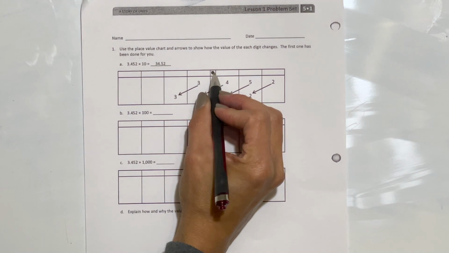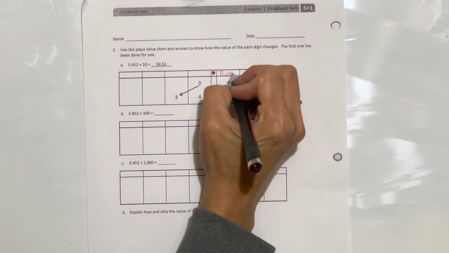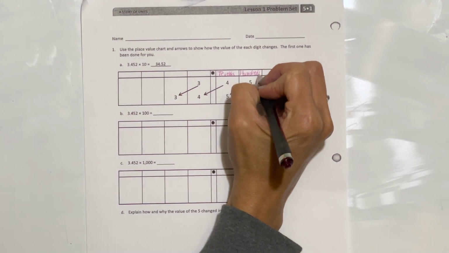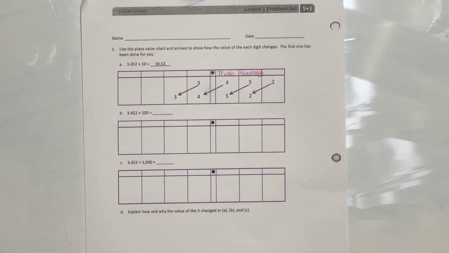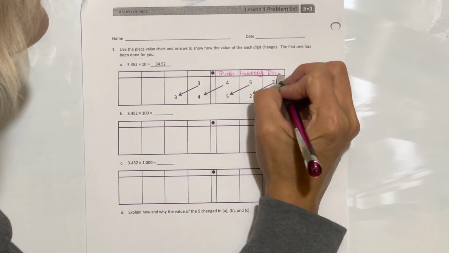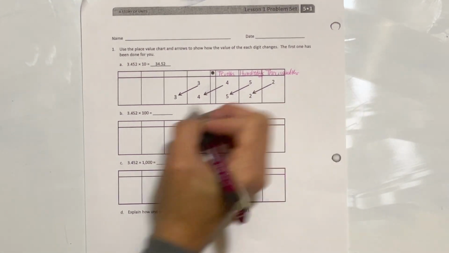Now I'm looking here at this decimal, so this is going to be tenths. This is going to be hundredths. Now remember, you need that TH because it's after the decimal. That TH means less than a whole, smaller than a whole. This is going to be thousandths. That's going to run off the side there.